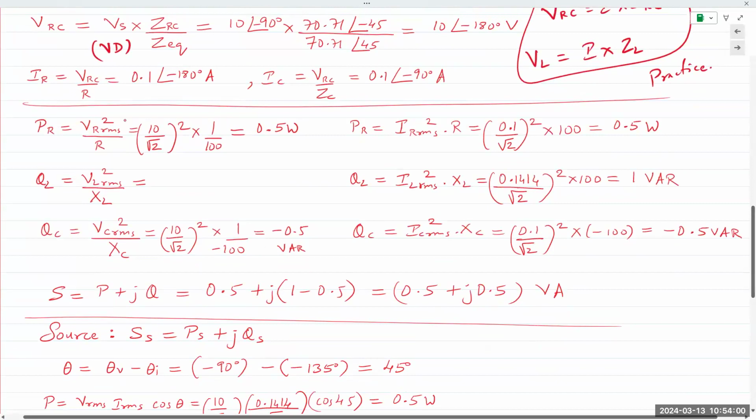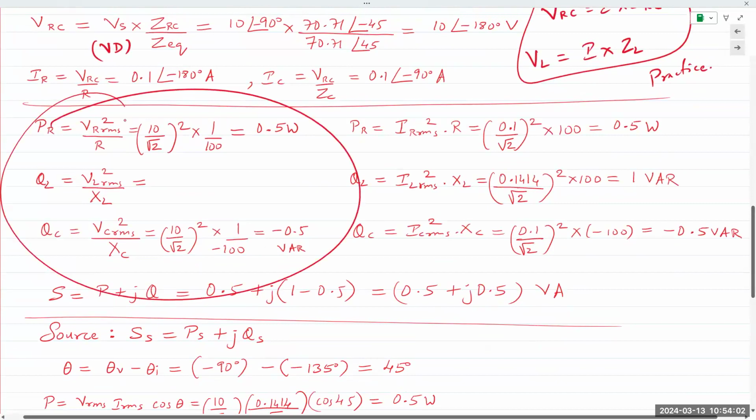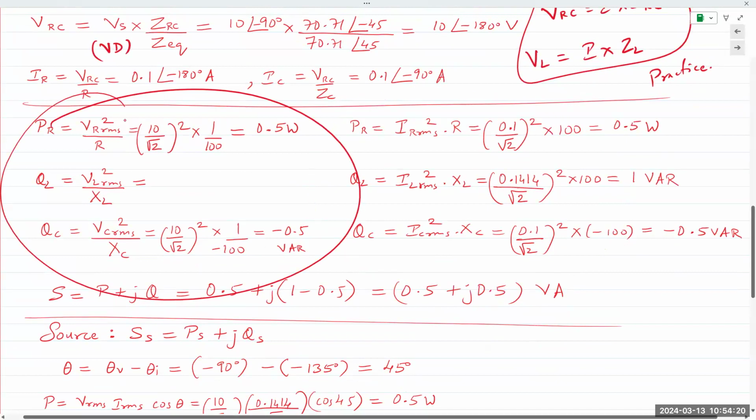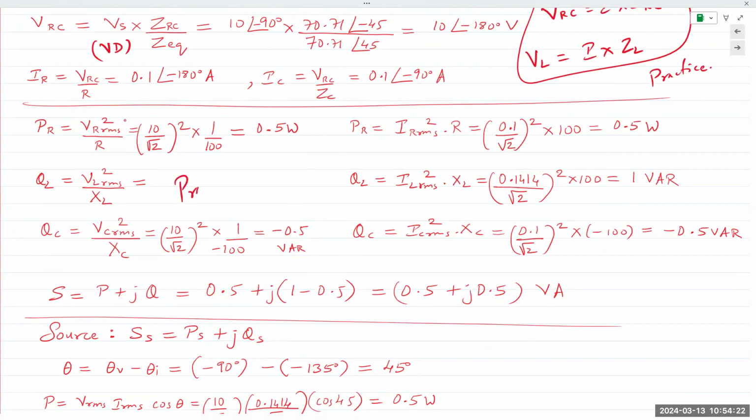So here on the left, I've used the expressions for power P and Q using the voltage. On the right, P and Q using the current I. Two approaches, either use voltage, either use current. You get the same answer for both. Practice this.